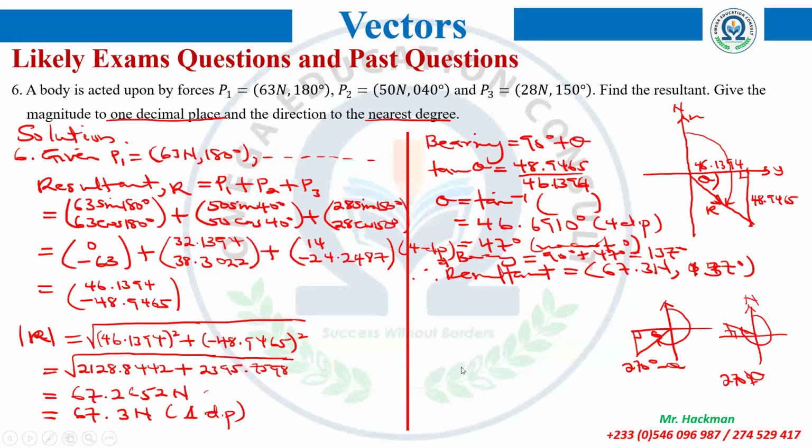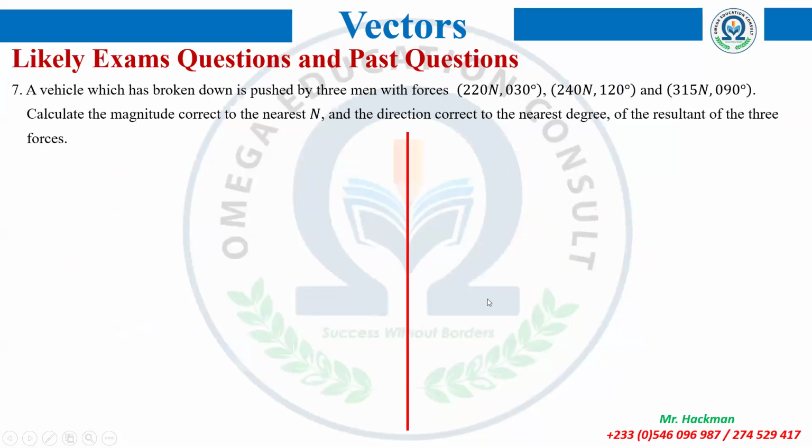At this point we are going to have our break. When you come back, this will be yours to try. It's very similar to what we just did. Three forces. Here you have to label the forces: let F sub 1 be this, F sub 2, F sub 3.